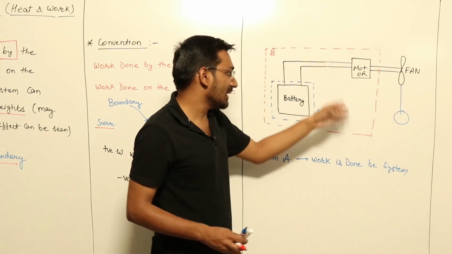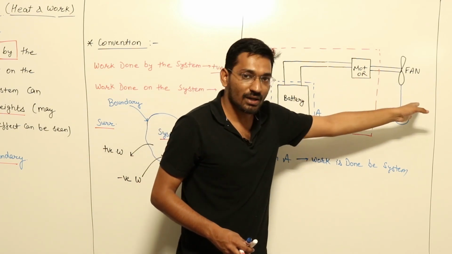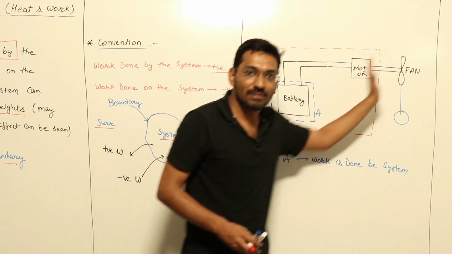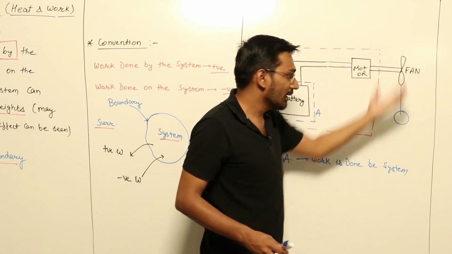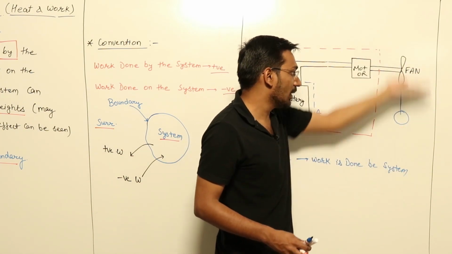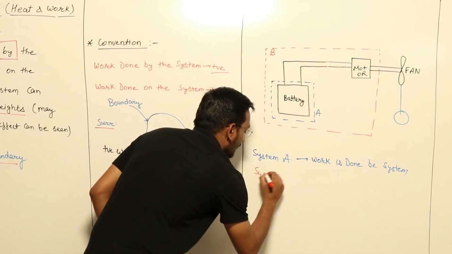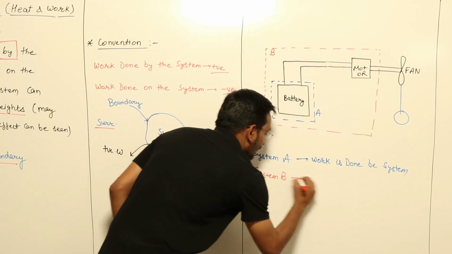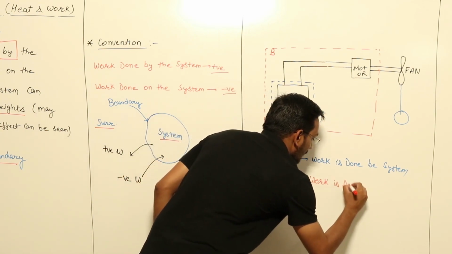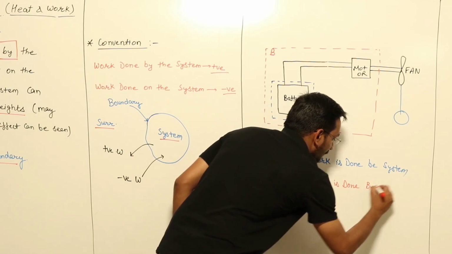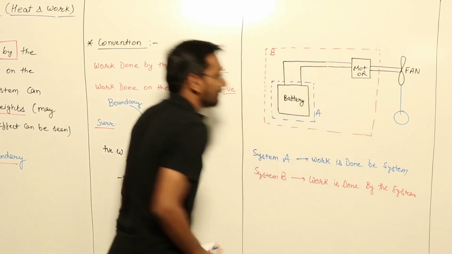So in this case also work is transferred between system and surrounding. Work is done by the system on the surrounding, because the fan is rotating and this weight can be lowered or raised. So system B is also doing work.